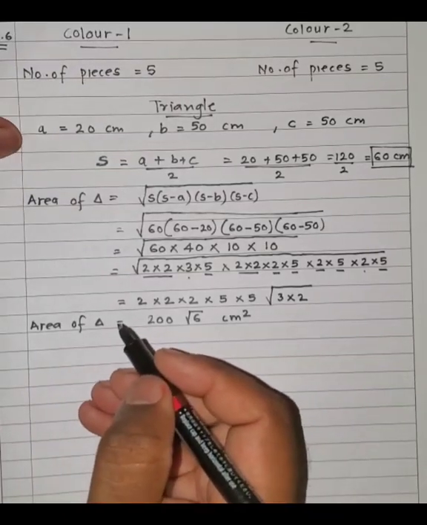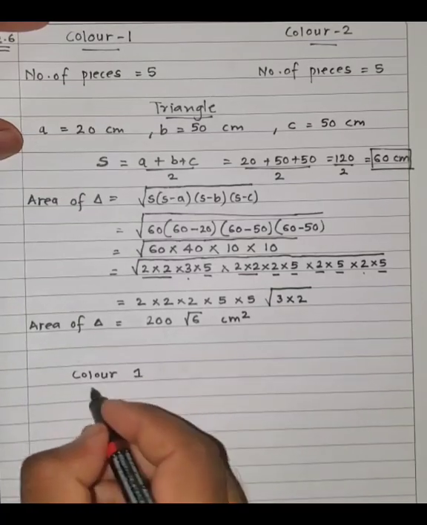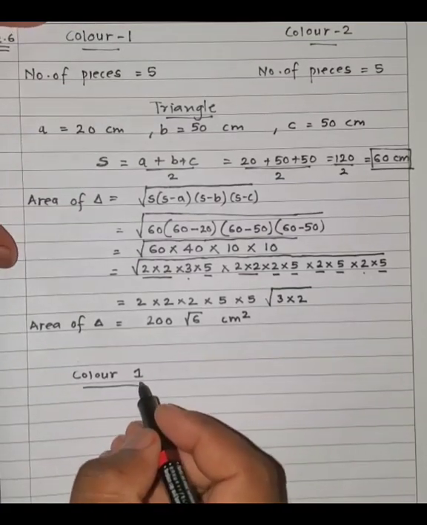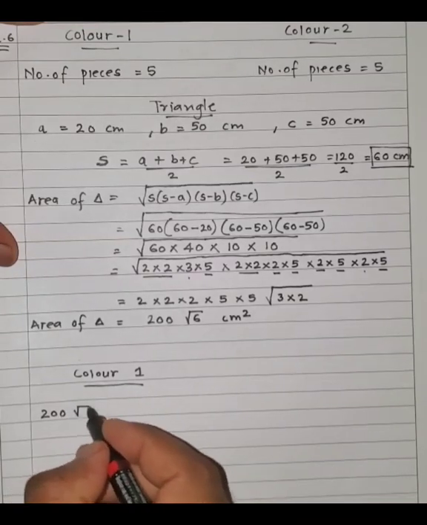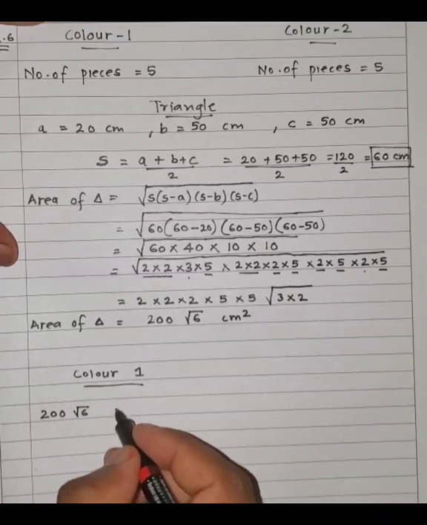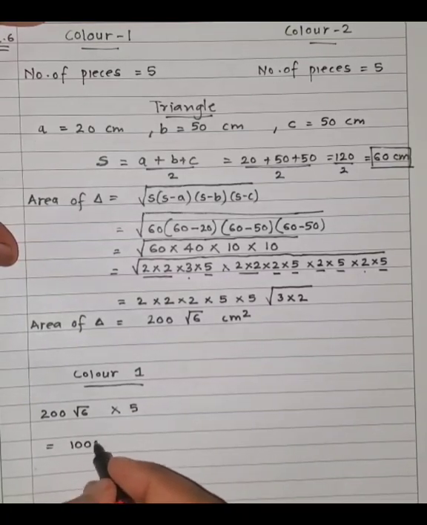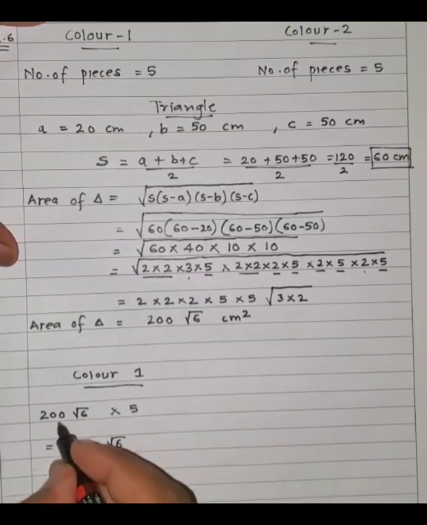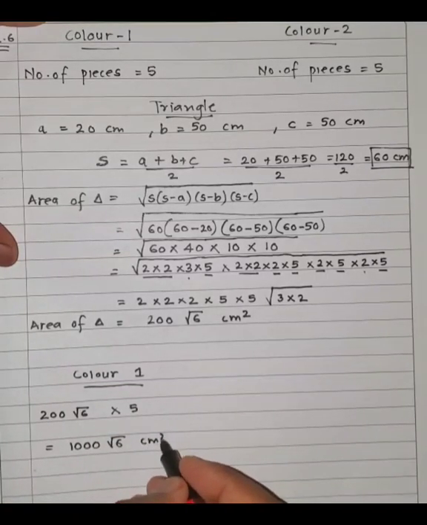Now I know under color 1 I have how many triangular pieces? 5 triangular pieces. So if the area of one triangle is 200 root 6, the area of 5 triangles will be into 5. So that would be 1000 root 6. That is 200 into 5. 1000 root 6 remains as it is, centimeter square.